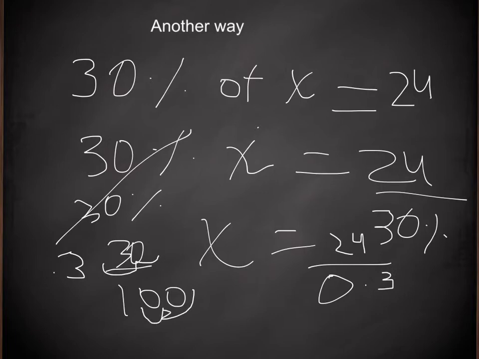I wanted a decimal because I thought it would be easier to convert. So x equals 24 divided by 0.3. So that will be 80.